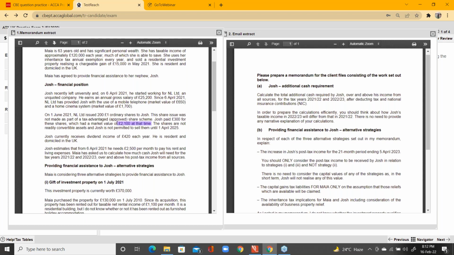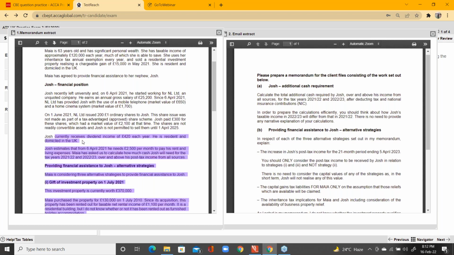You can see the market value, but only 300 paid in consideration. So there would be an 1800 benefit which will be added to the employment income for Josh for the fiscal year 21-22. These shares are not a readily convertible asset and Josh is not permitted to sell them until 1st April 25. Any benefit would be taxed in the fiscal year in which these shares are received by Josh.